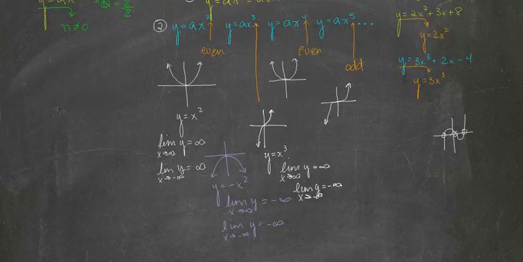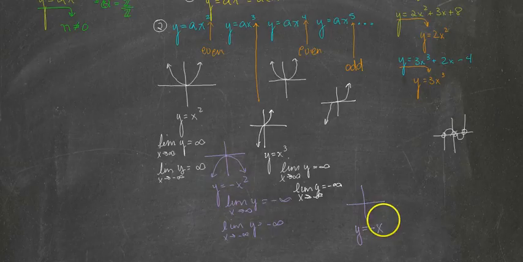And also duplicating exactly the same behavior we would expect if I had y equals negative x cubed, then I would just get the flip. So instead of going off to negative infinity on the left, it's going to go off to positive infinity on the left, and then it's going to do the same thing on the right by flipping over the x-axis.